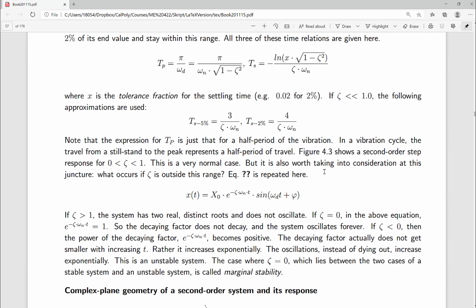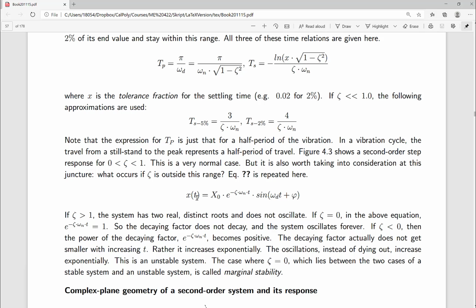Okay, now if we do know the transfer function of the system, which means that we know k, zeta and omega n, we can actually write the equation for the oscillation of the system.